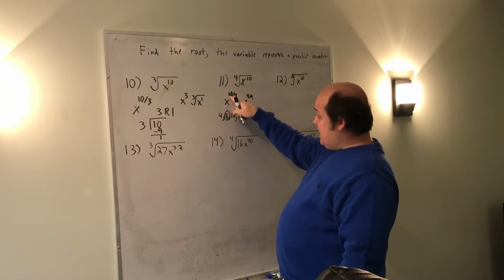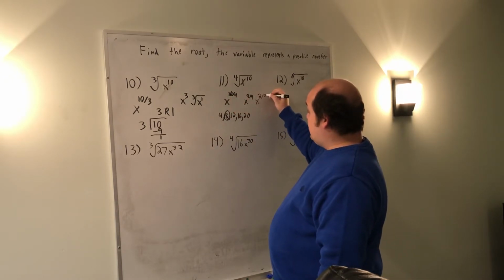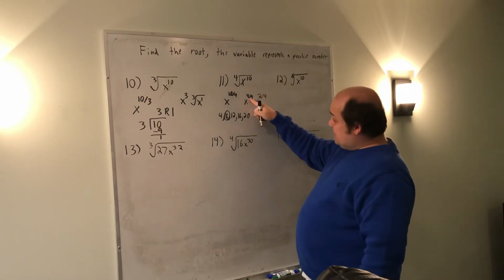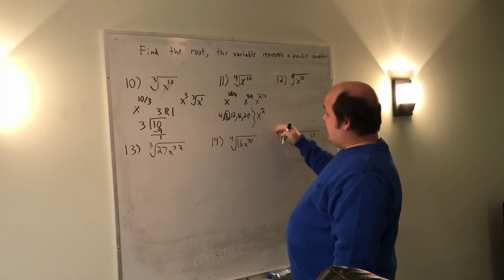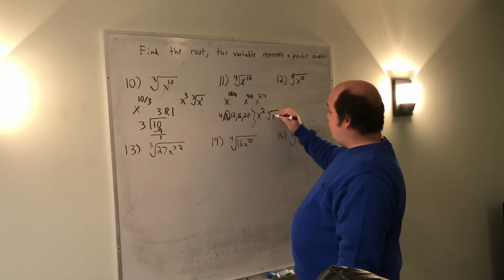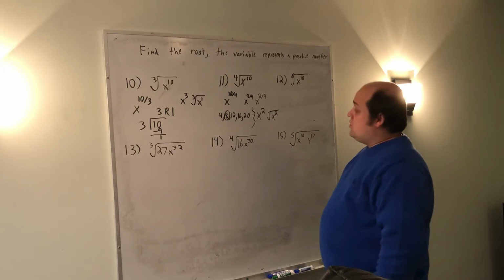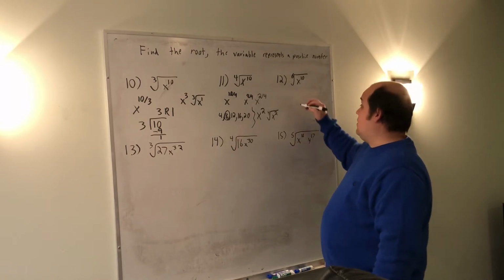If I take 10 minus 8, I have left over x to the 2 fourths. This divides evenly and gives me an x squared outside. This remainder of 2 stays under the fourth root. So it becomes x squared, the fourth root of x squared.